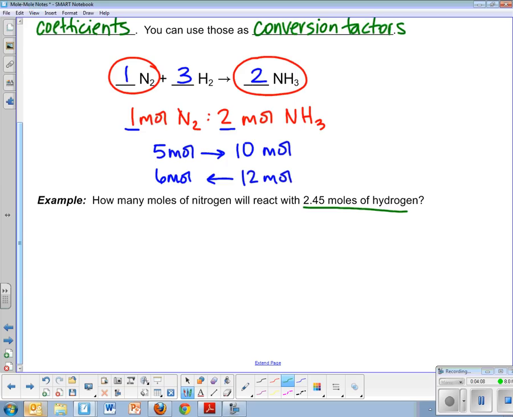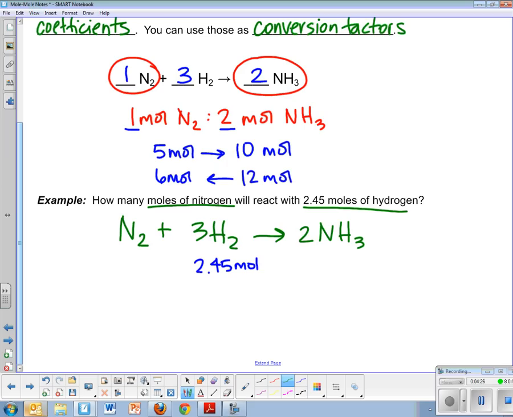I'm going to rewrite my equation: N2 plus 3H2 makes 2NH3. I have 2.45 moles of hydrogen, and the question is asking how many moles of nitrogen will react with that. So I want to know this.